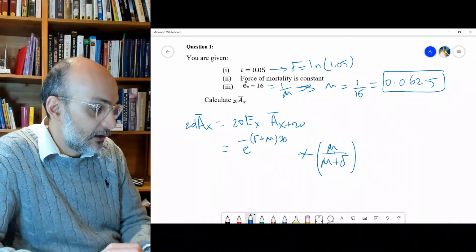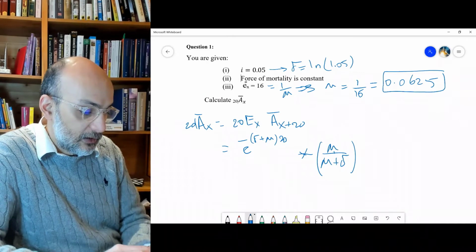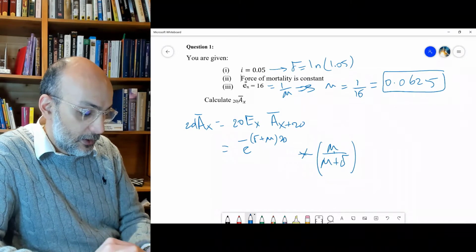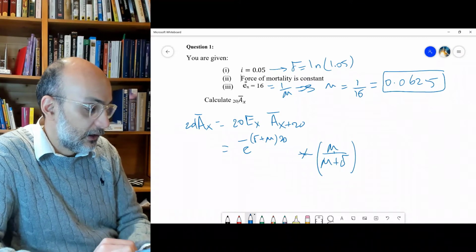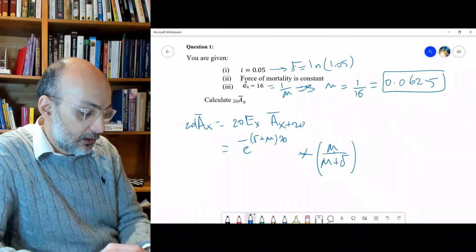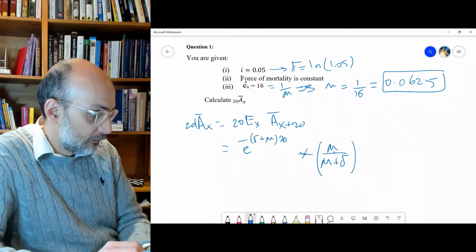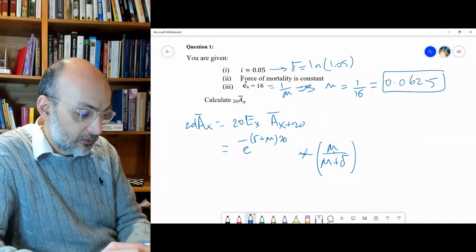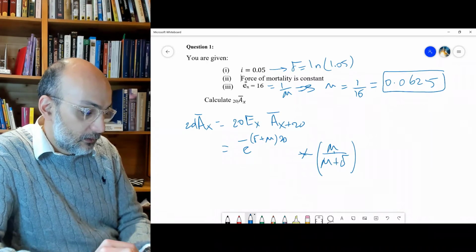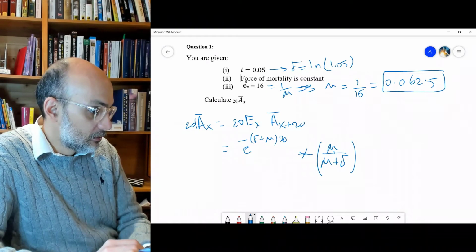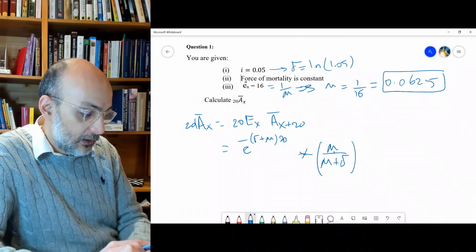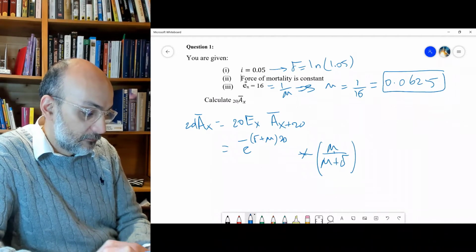So I will start with delta, which is 0.0625. Then I add to it ln 1.05. So I got then 11.1%. Then I multiply it by 20 years. So now this will be my exponential, e to the minus this, then multiplied by mu, which is 0.0625, divided by mu plus ln 1.05.